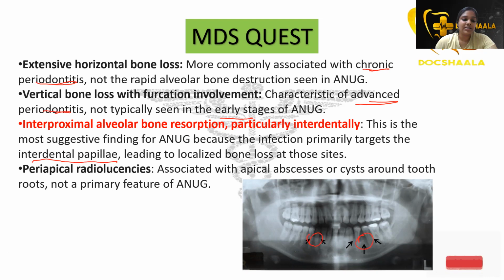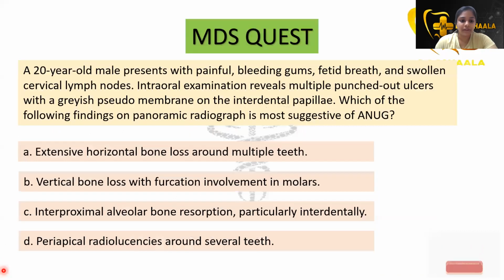Okay, so this is the diagnostic image we can see in ANUG. So the answer for the question in the previous slide will be, most suggestive will be interproximal alveolar bone resorption, particularly interdentally.